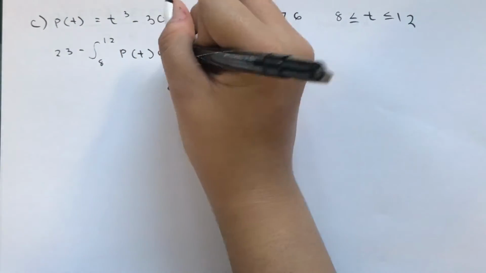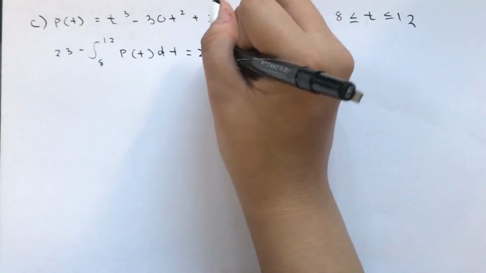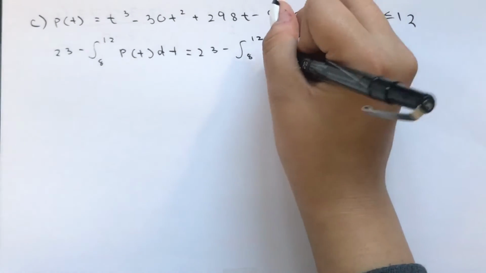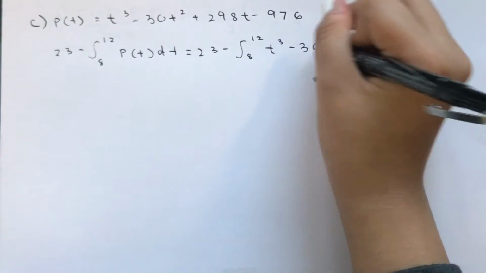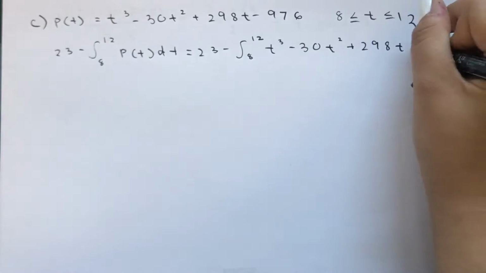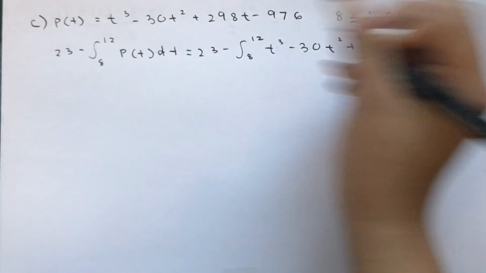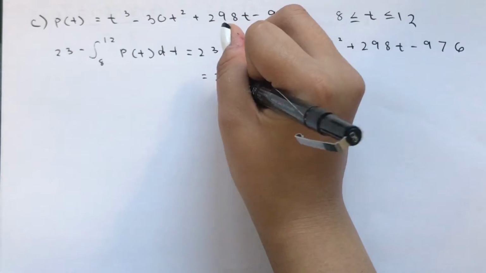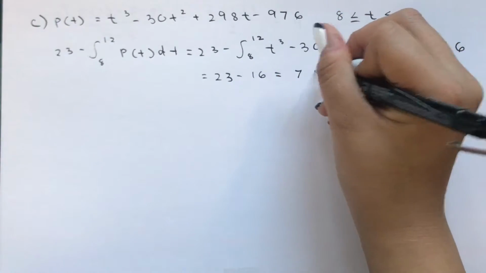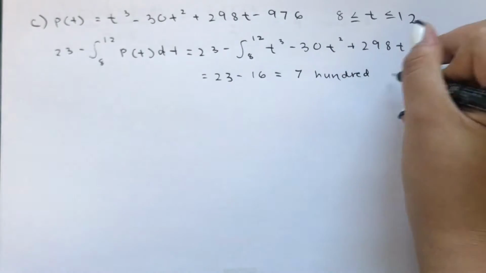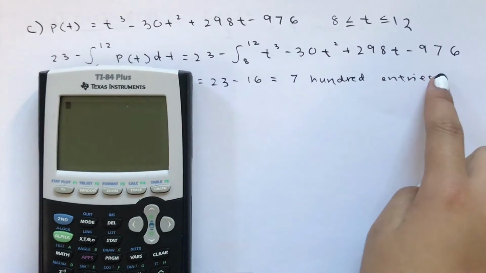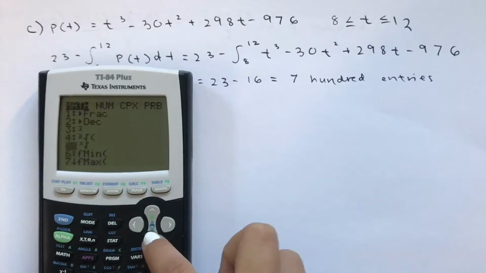So you do 23 minus the integral from 8 to 12 of p of t, the integral of t cubed minus 30t squared plus 298t minus 976. And you get 23 minus 16, which equals 700 entries. I will show you guys how to do this calculator work with your TI-84 Plus.